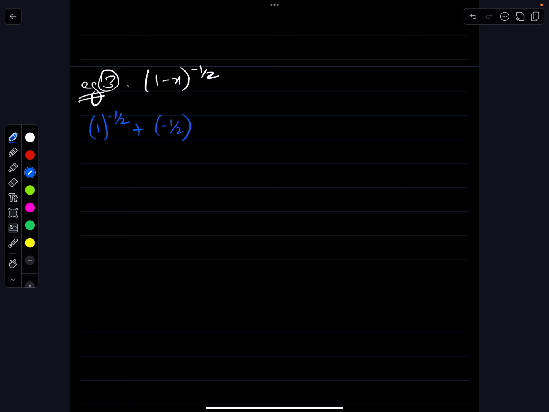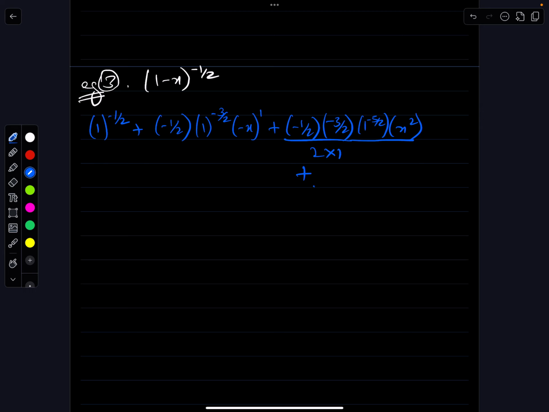So we have the power itself, and then minus half minus 1 is minus 3 over 2. And then we have 1 to the power minus 3 over 2. And then we have minus half, minus 3 over 2. Since this is nC2, we'll multiply this by 1 to the power minus 5 over 2 and x squared.